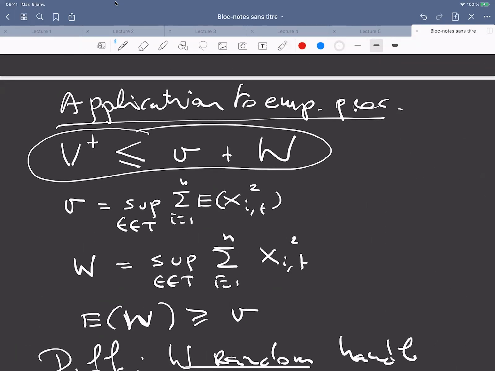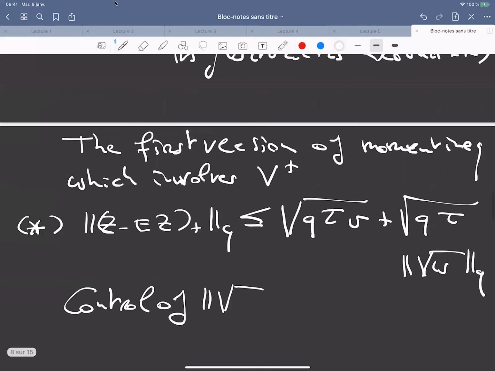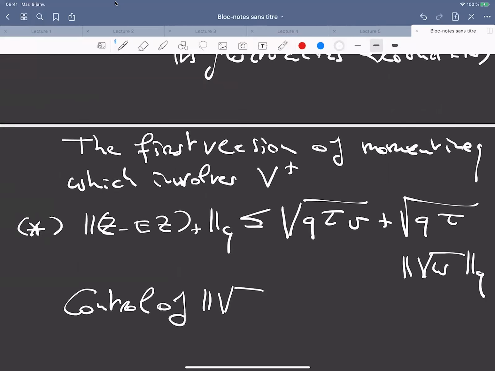So I have bounded the LQ norm of the square root of V plus by these two terms here.